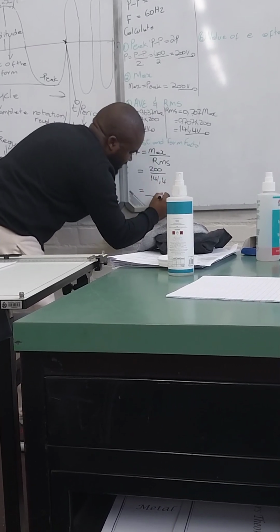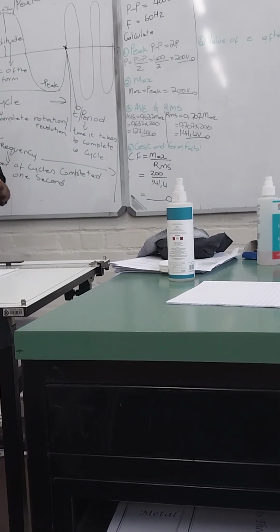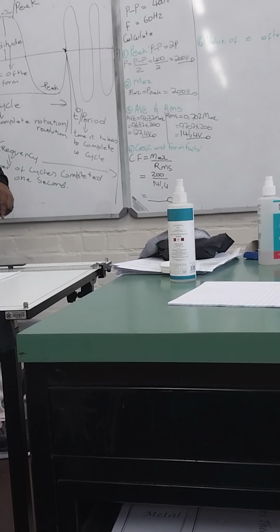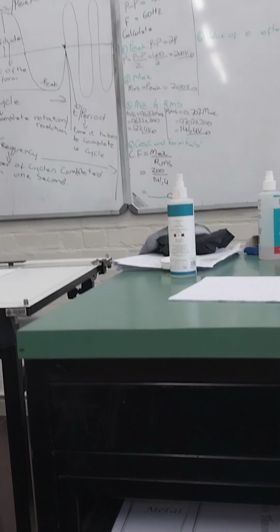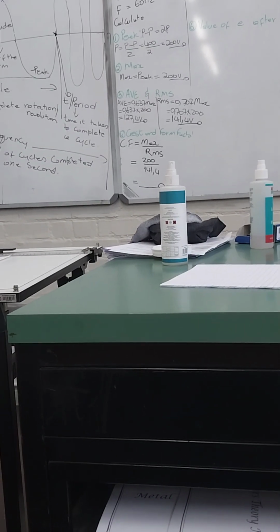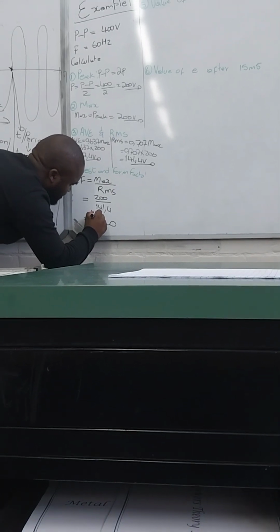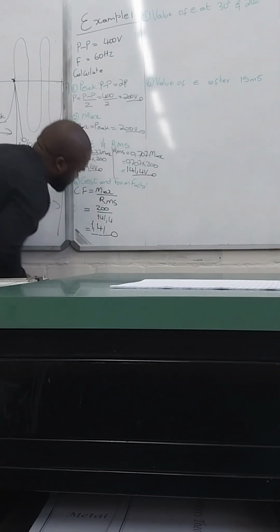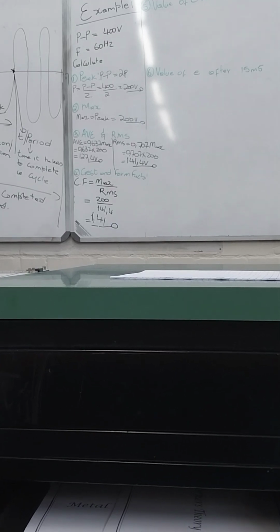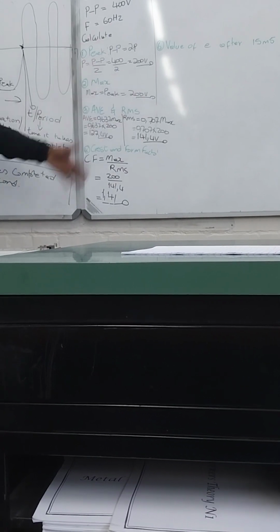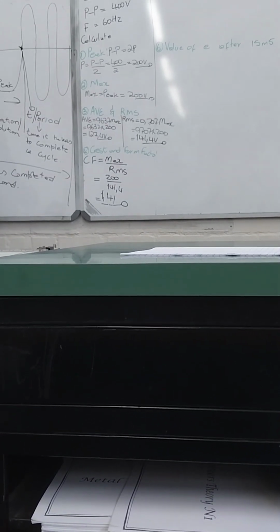You punch it in your calculator, you get 1.41. Okay, then the crest factor will not have a unit. Why not? Because you are still dividing volts by volts. So the volts and volts cancel one another, you are just left with a number.